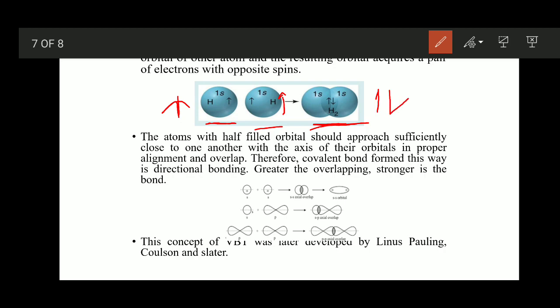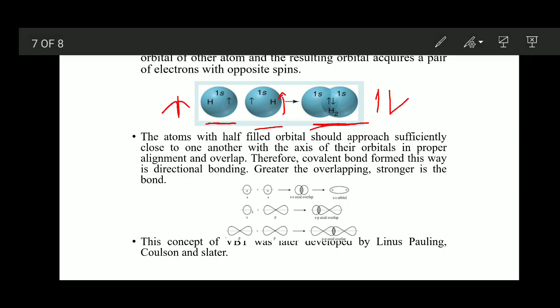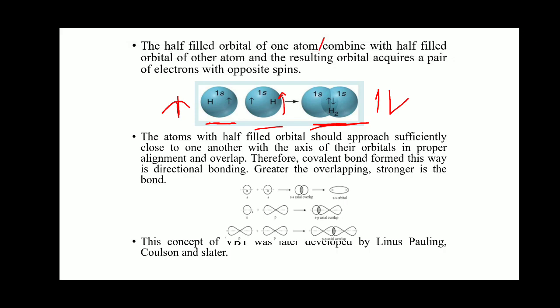The resulting orbital acquires a pair of electrons with opposite spins. The atoms with half-filled orbitals should approach sufficiently close to one another with the axes of their orbitals in proper alignment and overlap. Therefore, a covalent bond formed this way is directional.